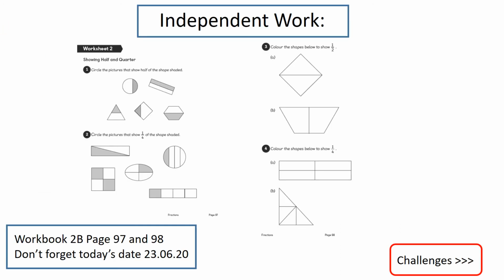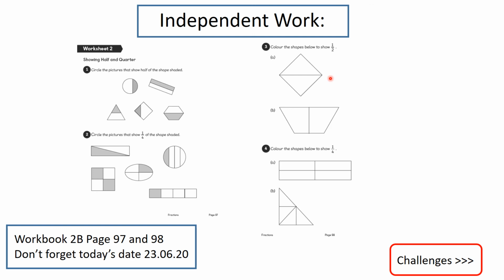Okay, this is what your independent work looks like today. So you're working on page 97 and 98 in your workbook. On the first page, you're doing something really similar to what you did in your guided practice. So for question 1, you need to circle the pictures that show half of the shape shaded. For question 2, you need to circle the pictures that show 1/4 of the shape shaded.